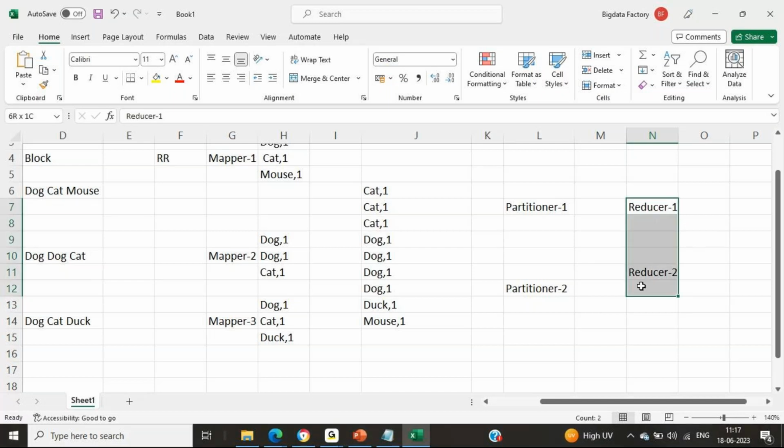And it is recommended that the number of reducers will always be less than the mappers. The number of reducers will be less than the mappers. That is the thumb rule.